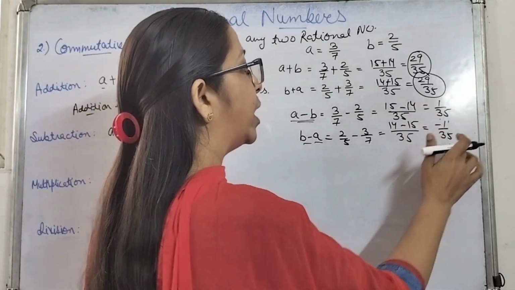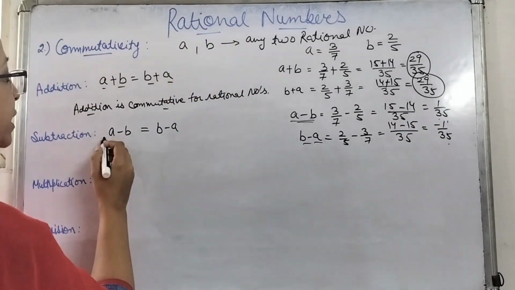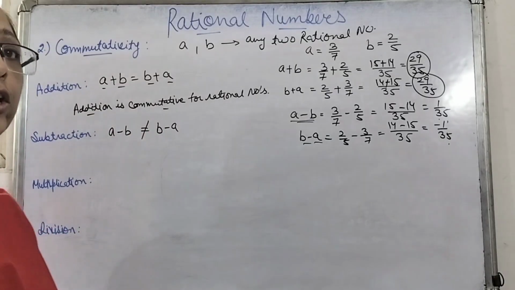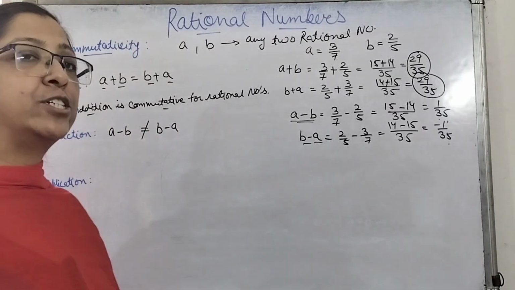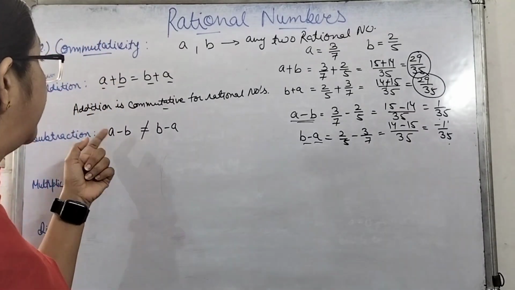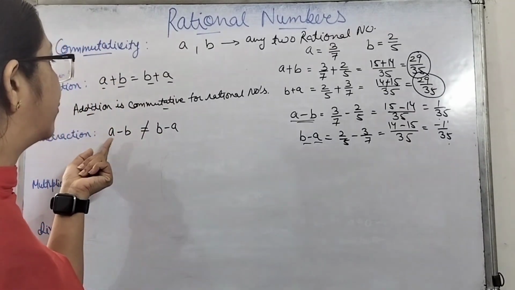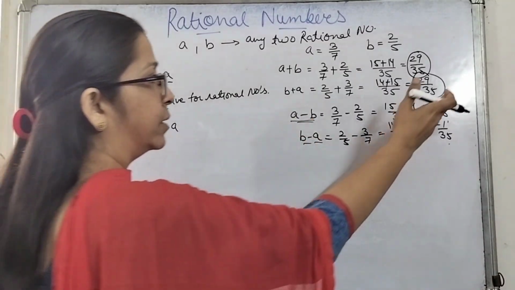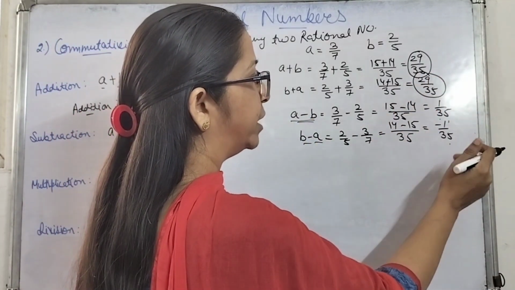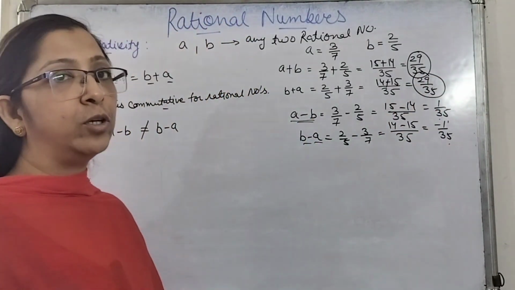So these two are not the same. So we can see A minus B is not equivalent to B minus A. If we change the order in subtraction, then the difference of the two numbers will not be the same. It is coming different. The number over here is positive 1 upon 35 and it is negative 1 upon 35.